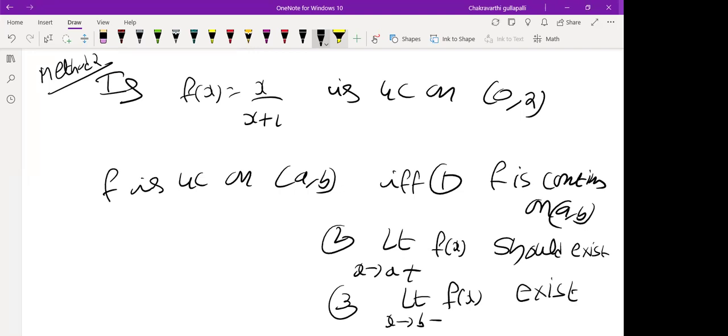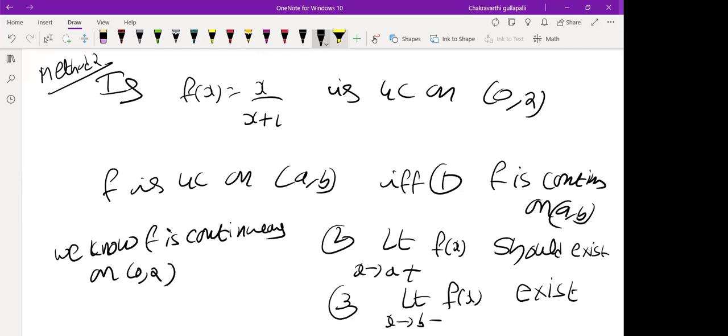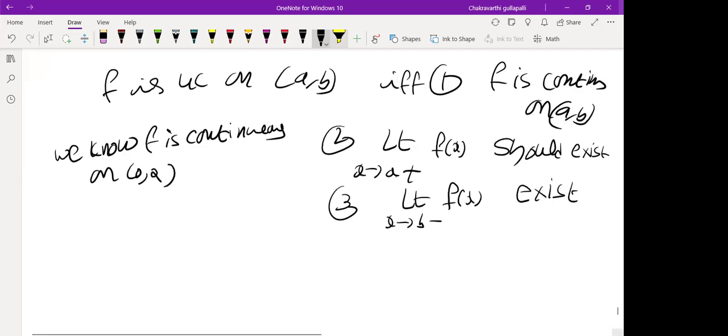So already we know it is continuous on this because -1 is not there. So we know f is continuous on the open interval. So it is sufficient to check only whether the limits at 0 and 2 exist or not. Let us see. So consider limit x approaching 0+.